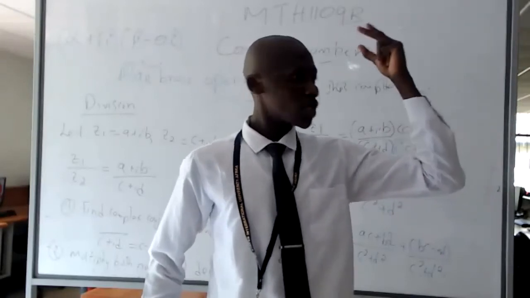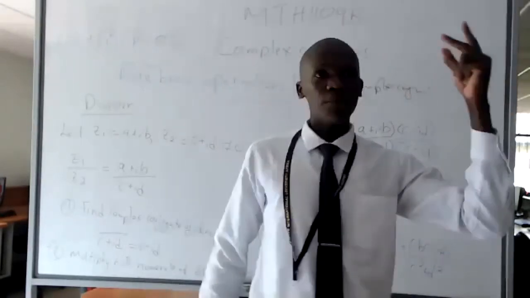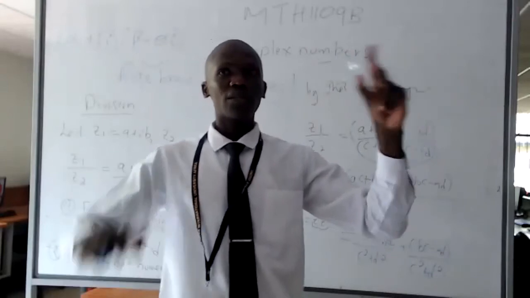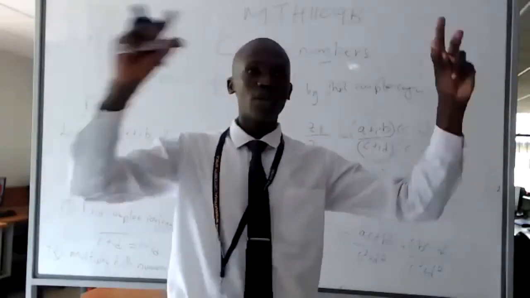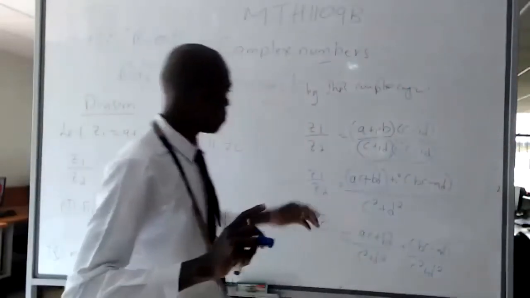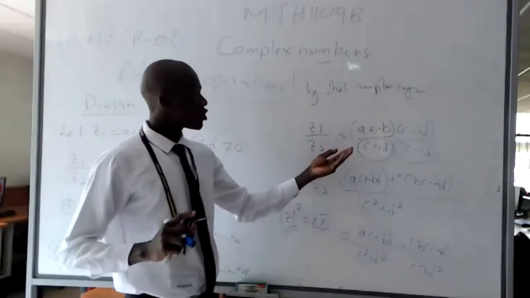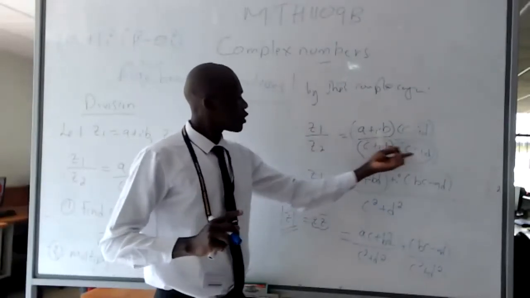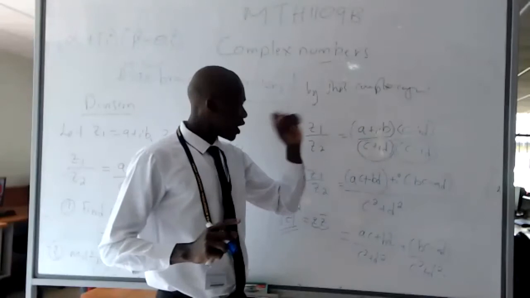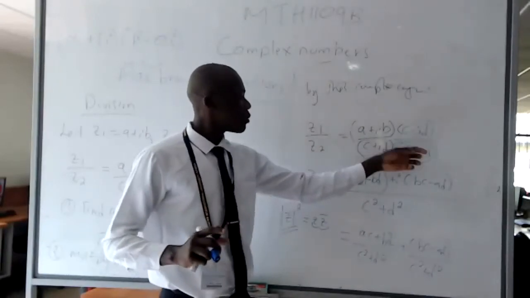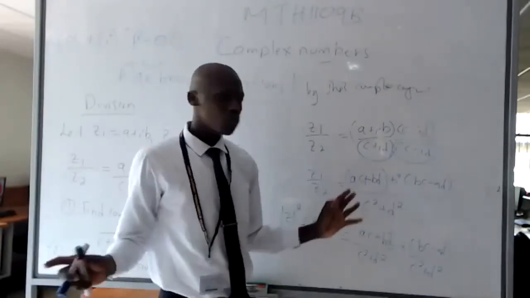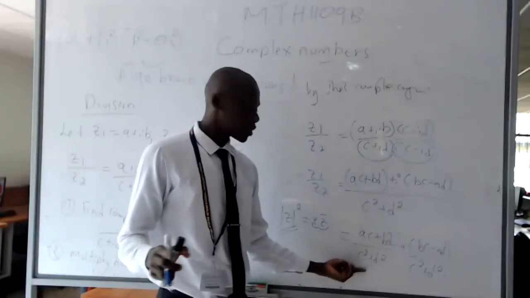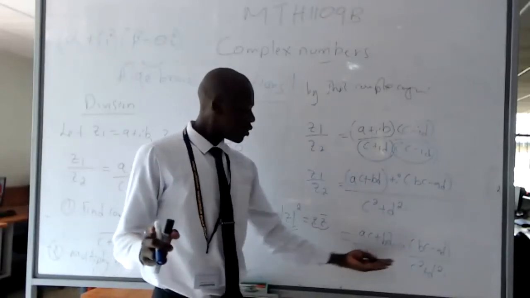Number two, you must know the definition of the absolute value squared as the product of a number and its complex conjugate. That will help to simplify the numerator. So don't go around trying to expand this. As long as you see a number multiplied by its complex conjugate, that is the absolute value squared. Just write the absolute value, take the square, and do away with the square root symbol.